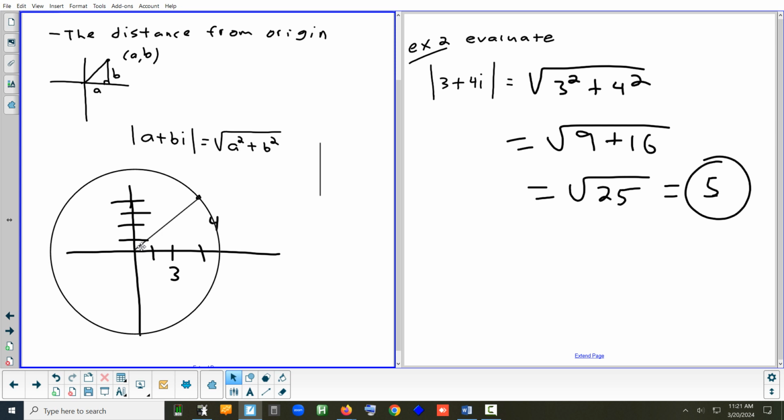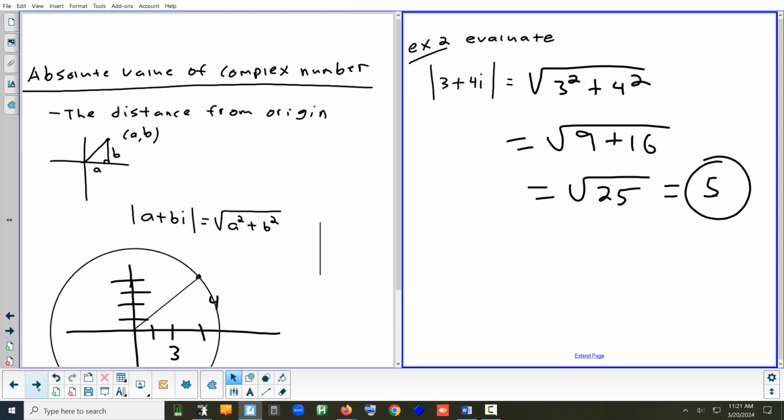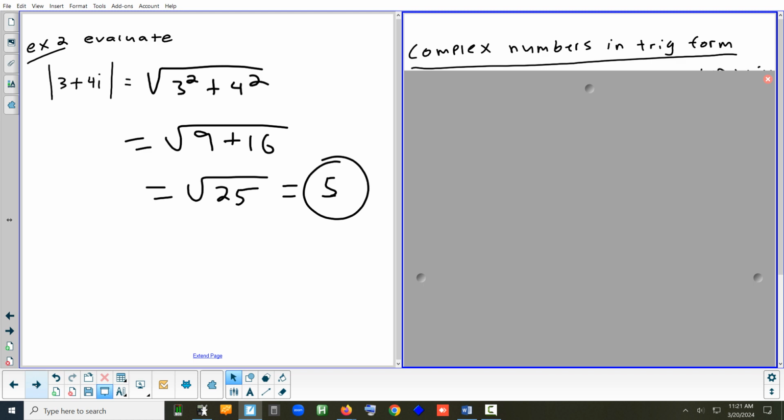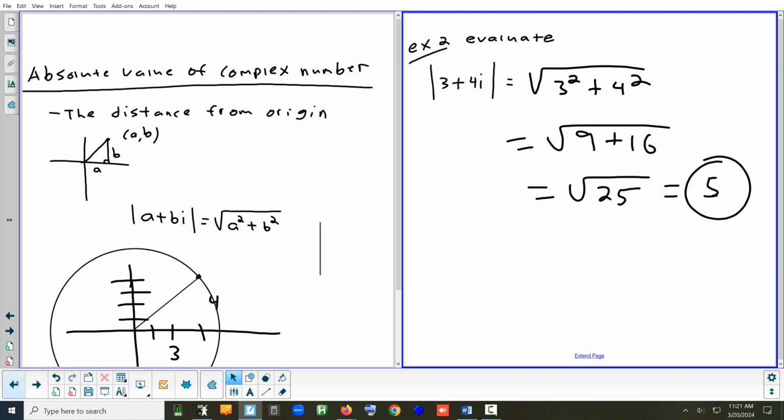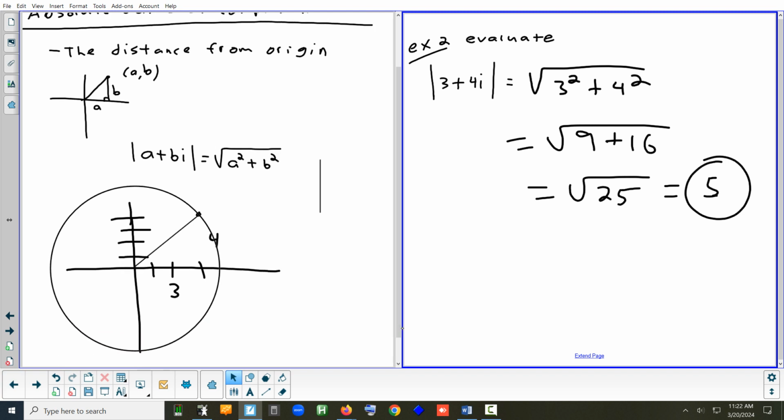Right, it's the radius. And we just found the radius of that circle. It's exactly what we just did over there. How much did it come out to? 5. When you are writing a complex number in trig form, one thing you have to know is how big of a circle the point is on. And in this case, the size of the circle is a 5. So that's one thing you need to know.